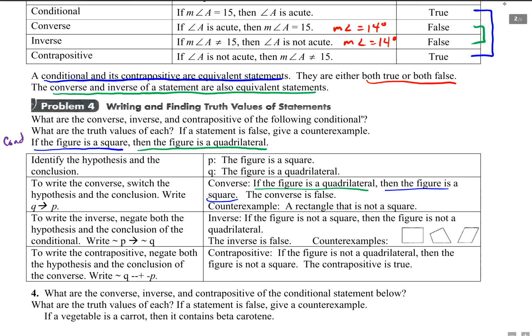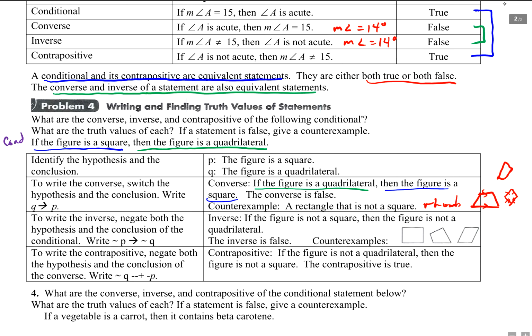Rectangles, rhombus, trapezoid, kites. We don't know about kites yet, maybe you do, but all of those are quadrilaterals, some random four-sided shape that doesn't fit in any of our specific ones.